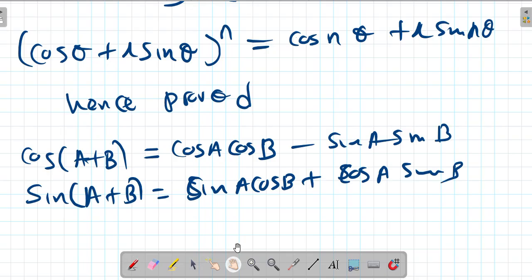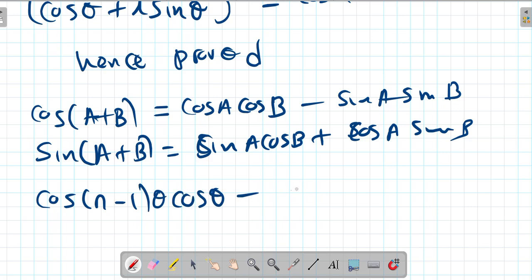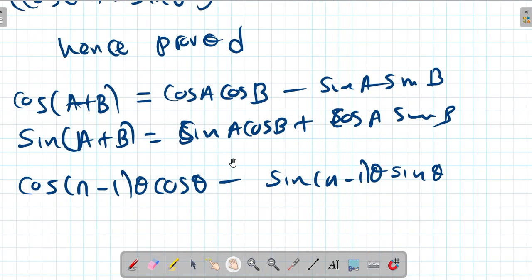So there will be a point where we'll have cos (n minus 1) theta cos theta minus sine (n minus 1) theta sine theta. This means that we're using the first one.